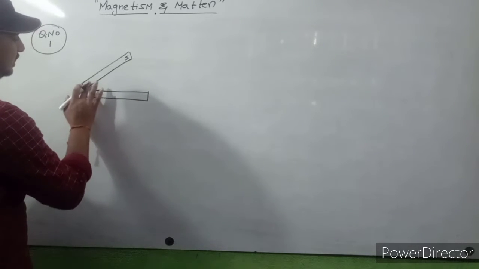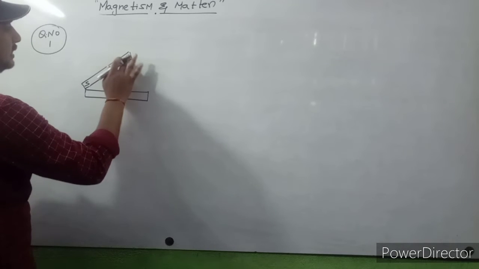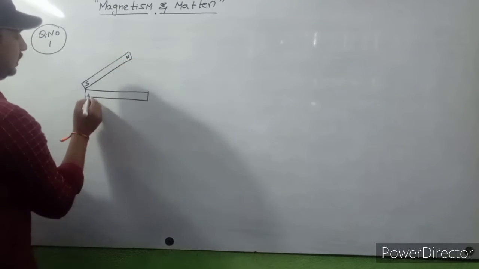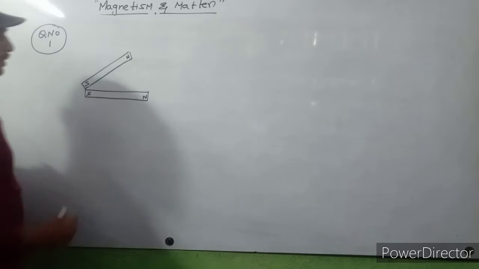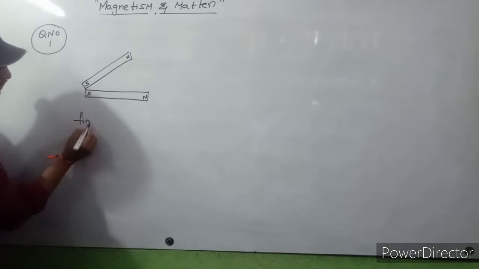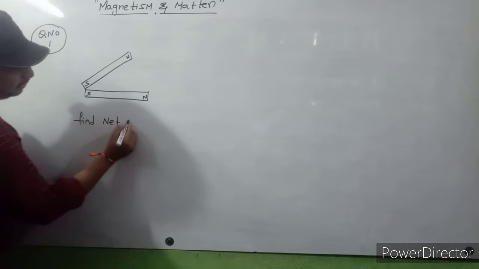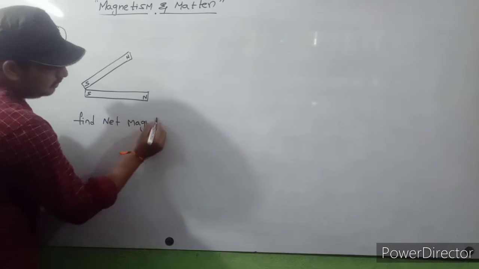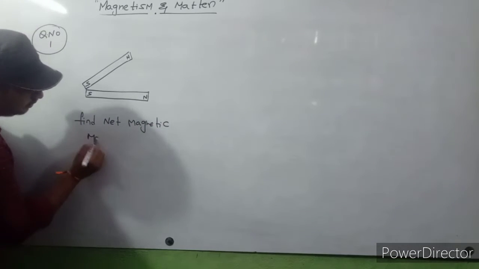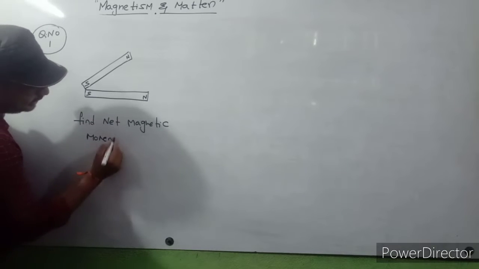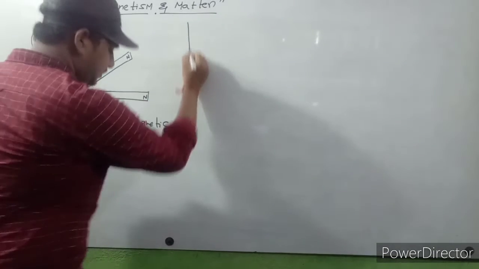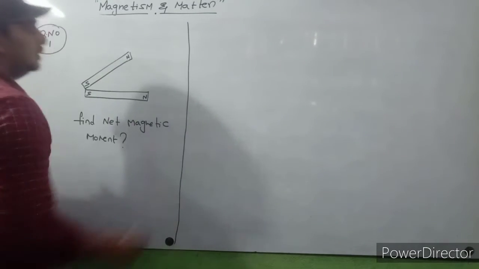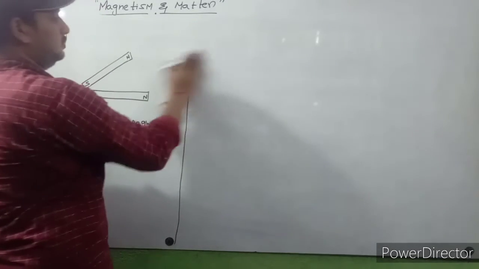Will you please consider here south pole and here it is north pole, here south pole, here north pole. So find the net magnetic moment. So this is question number 1. Question number 2.